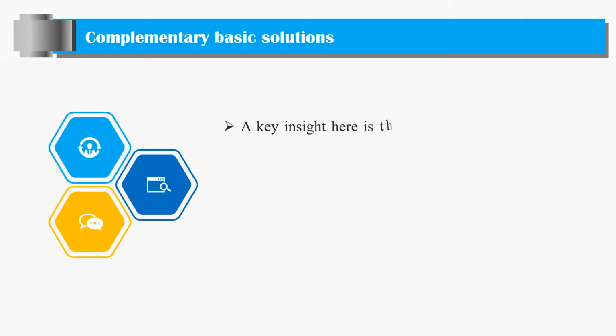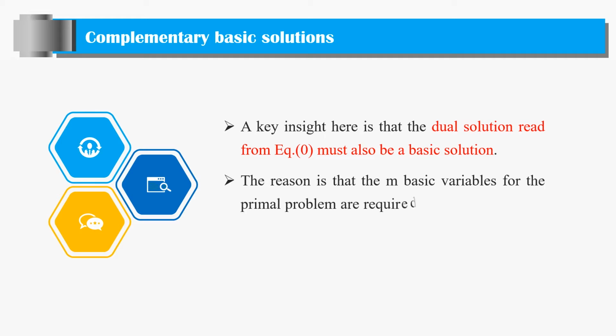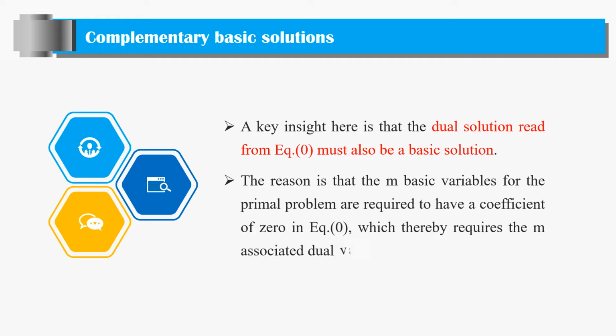A key insight here is that the dual solution read from equation 0 must also be a basic solution. This is because the m basic variables for the primal problem are required to have a coefficient of 0 in equation 0, which thereby requires the m associated dual variables to be 0.